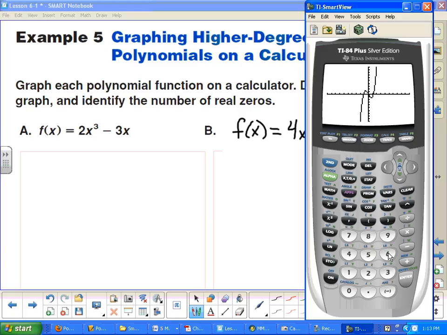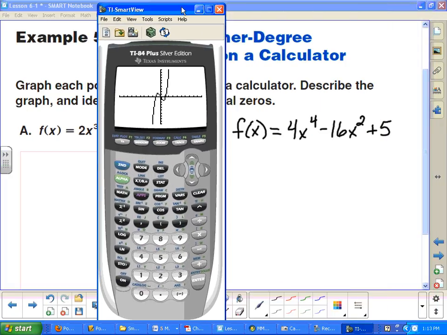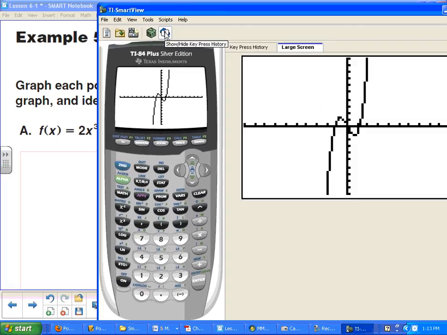So I'm going to describe this graph as it goes from left to right. So Emily, what do you see happening to the graph as it goes from left to right? What's it doing? Okay. What happens is as it goes left to right, it's doing what? You don't have to get real technical, okay? Just tell me what you see.